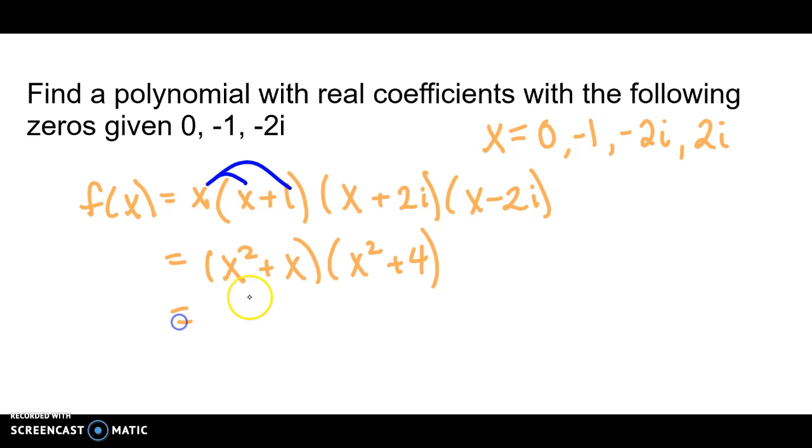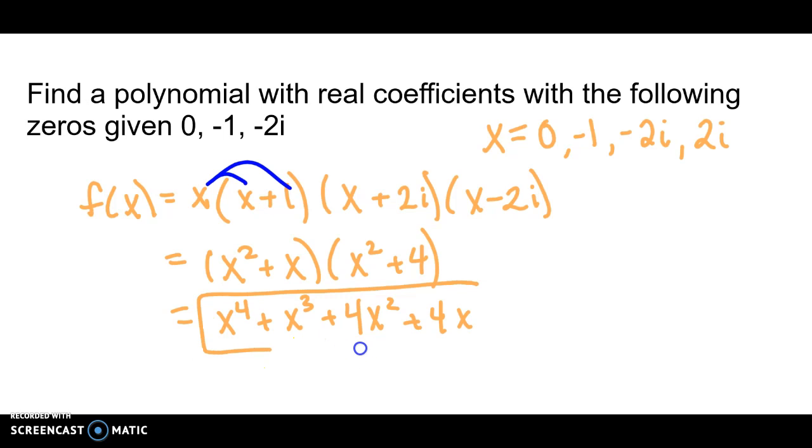Finally, if I multiply these together, I should get x to the 4th plus x cubed plus 4x squared plus 4x. If you're wondering where some of these came from, go the longhand way and multiply term by term. But you should get this as a polynomial with real coefficients. All these are real, and it has these zeros.